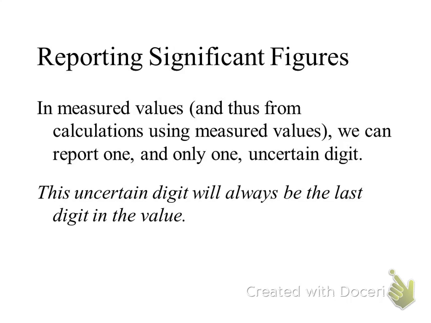In the example, if you're measuring length and you have 2.95 meters, this is an uncertain digit, so I put a question mark over that. The other ones are hardcore. I know it's 2 in the ones place. I know it's 9 in the tenths place. But in the hundredths place, 5, there's wiggle room there.